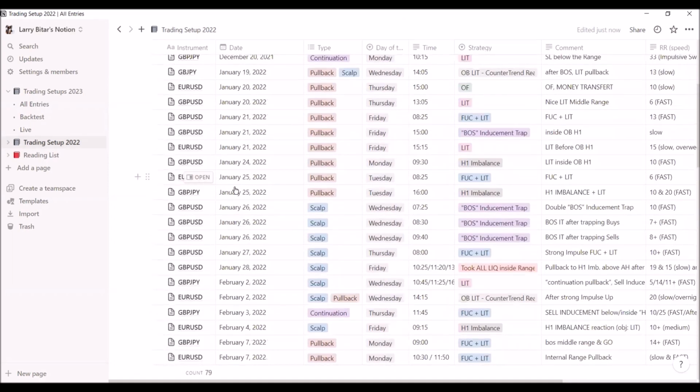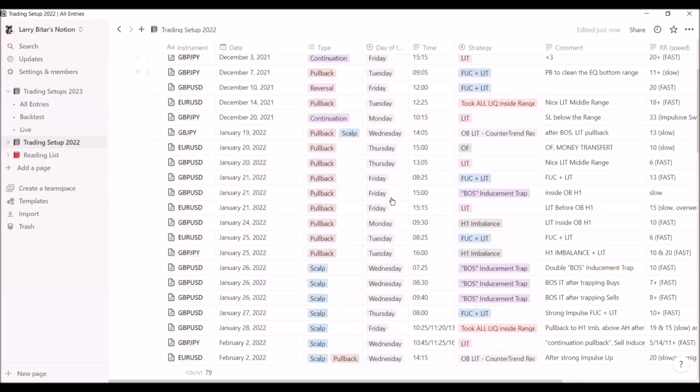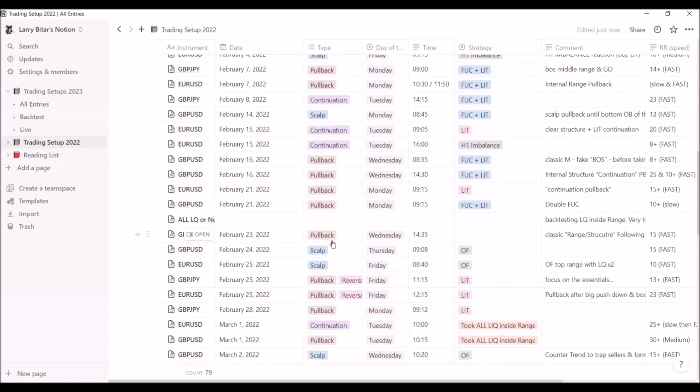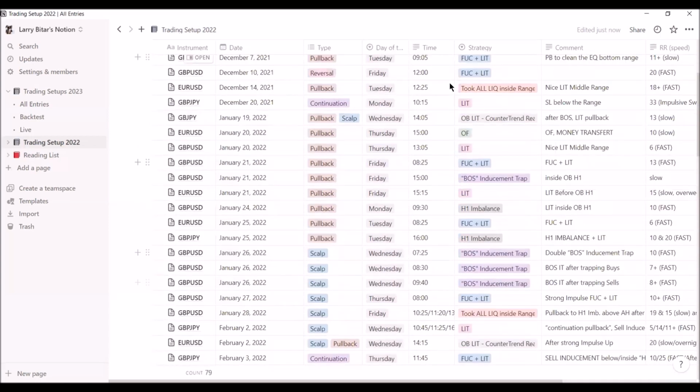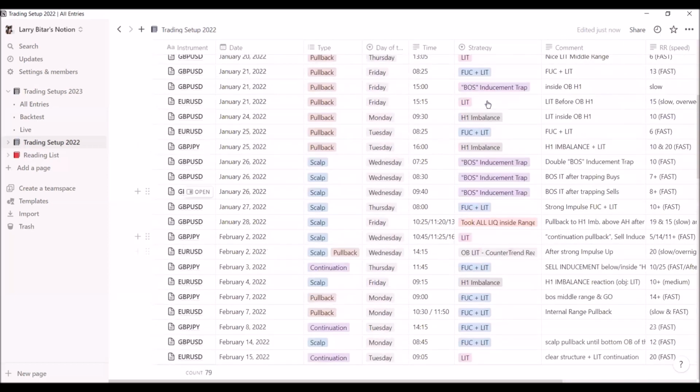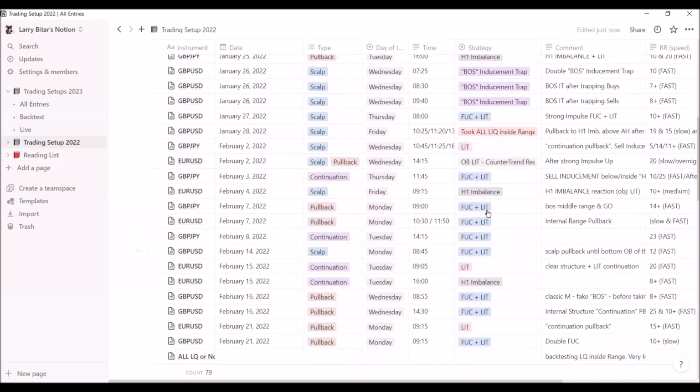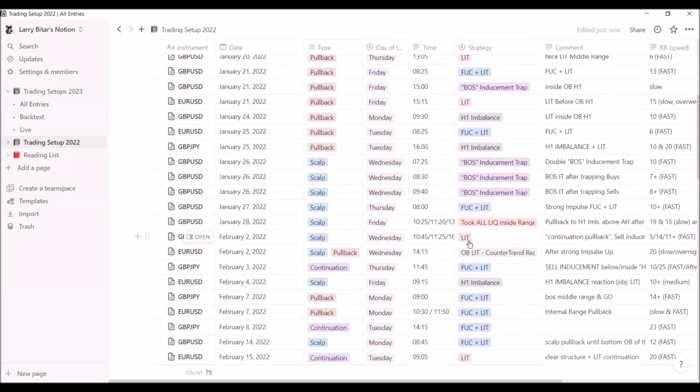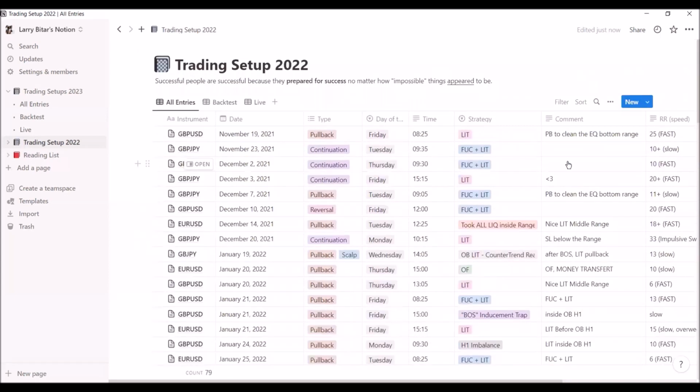So you see, I've recorded everything, and this is where I was using another strategy first, I was still using some of the BOS type and some of liquidity instrument traps. And yeah, that's it. Okay.